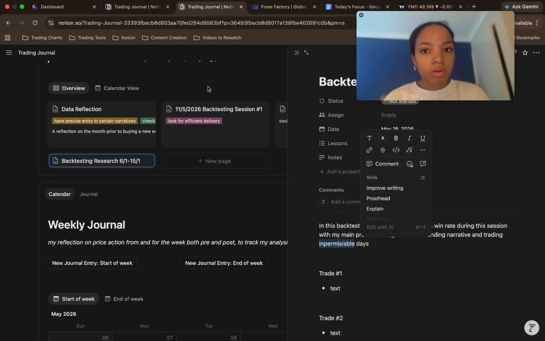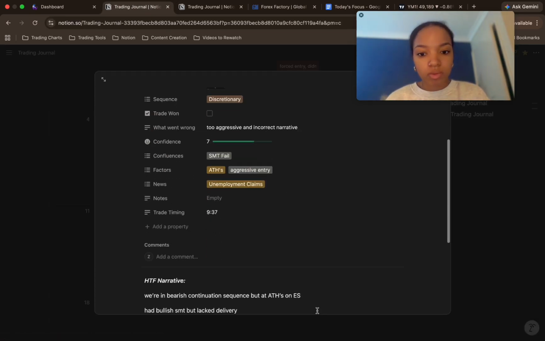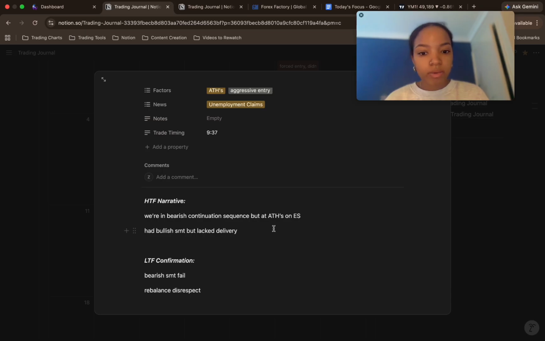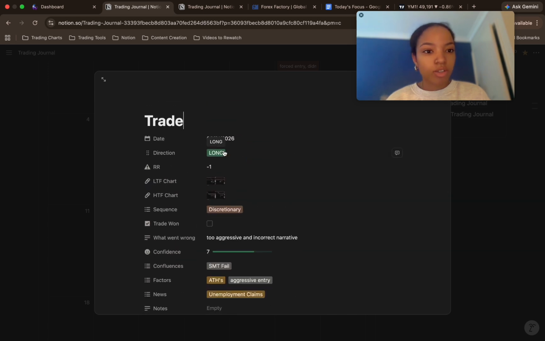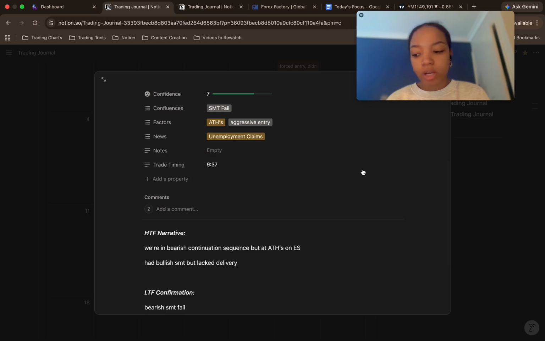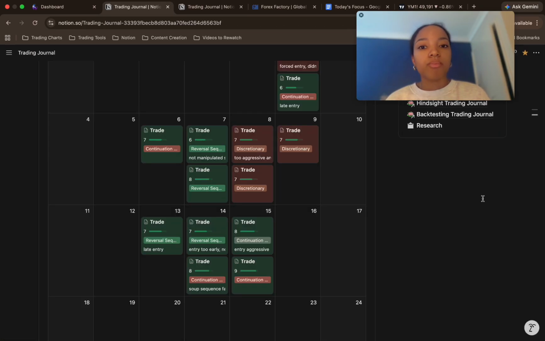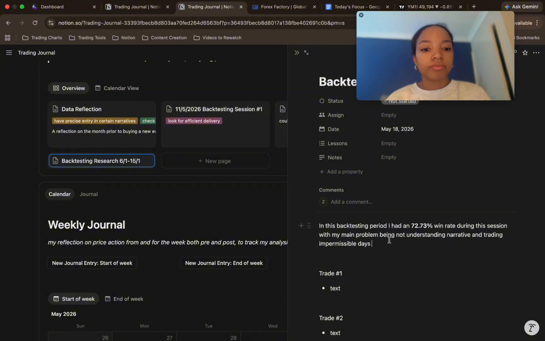That's what caused me to fail this one, and this one was because the narrative was wrong on the day. We're in a bearish continuation sequence but at all-time highs on ES, had a bullish SMT but lacking delivery, and guess what, I took longs. Because we're at all-time highs, I was too biased toward longs. Same scenario here. So: not understanding narrative and trading in permissible days.